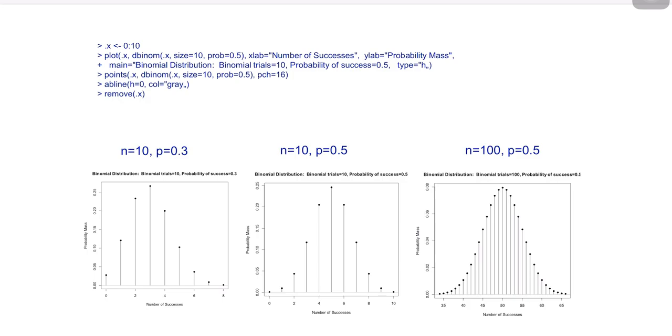As you see in the graph, here n is equal to 10 and p is equal to 0.3.